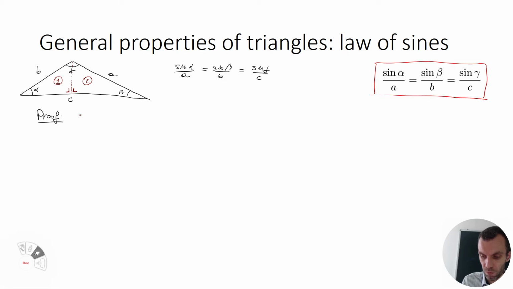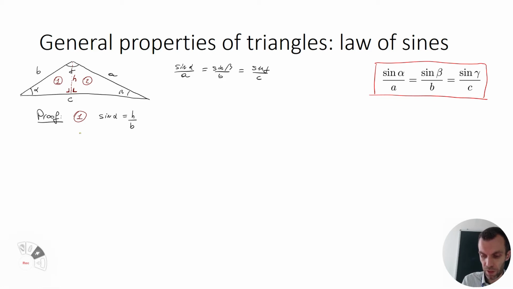If I look first at triangle 1, and let me call the length of this perpendicular h. So in triangle 1, what I see is that the sine of alpha is equal to h divided by b.